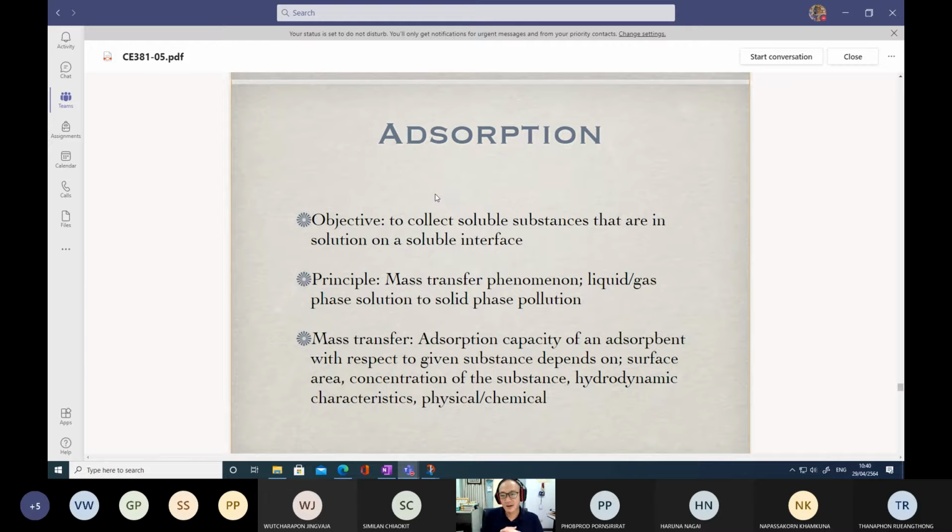So the contaminants which cause unpleasant taste and odors are good to be removed by using adsorbents like activated carbon and many other types, zeolite, clay, and so on. So these could be adsorbents.